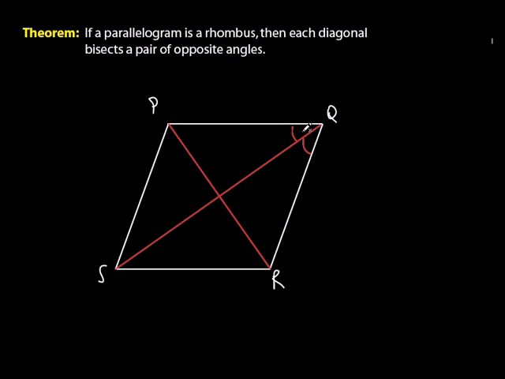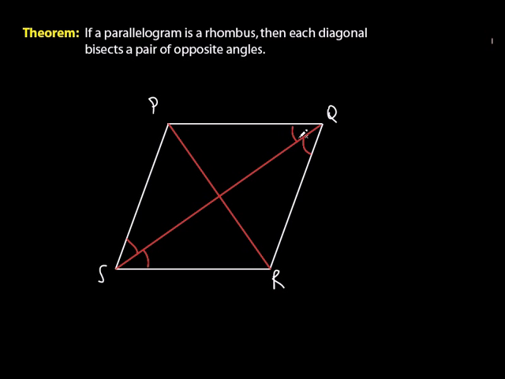So let's say angle Q is, I don't know, 60 degrees. If I bisect it, that's going to be 30 and that's going to be 30. Well, if angle Q is 60 degrees, angle S would be 60 degrees. And if I bisect this 60, then this would be 30 and this would be 30, just like up here. So here's what's true. If this is a rhombus, all four of these angles would be equal to each other.